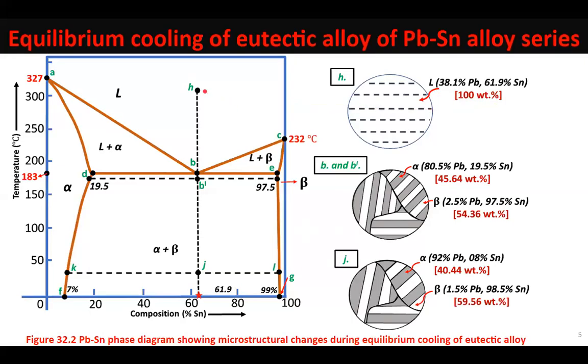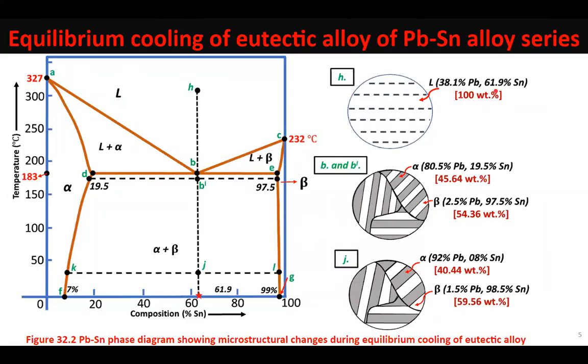So when we start equilibrium cooling, when we start cooling this alloy under strict conditions of equilibrium, that means at very slow rates of cooling, no change is observed in its microstructure till we have reached point B. And point B is something special. It's the eutectic point, and moreover we have reached the eutectic temperature. Moreover, this liquid solution is of eutectic composition.